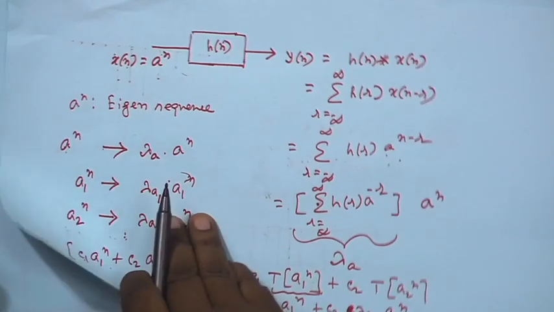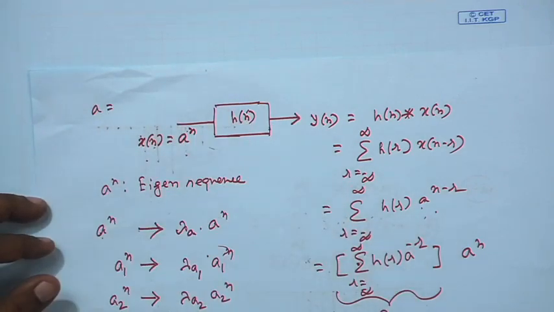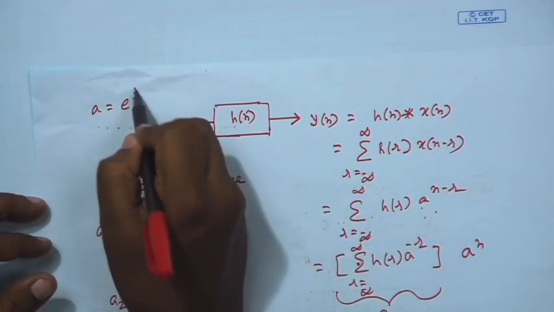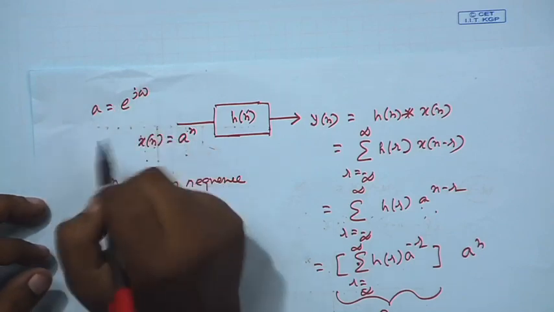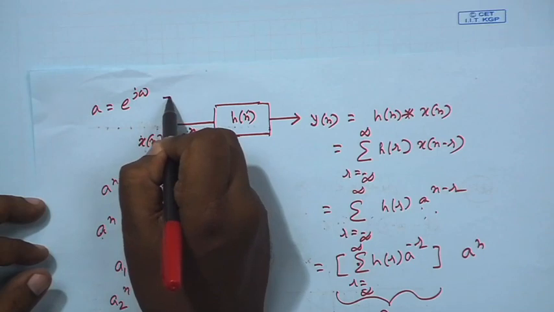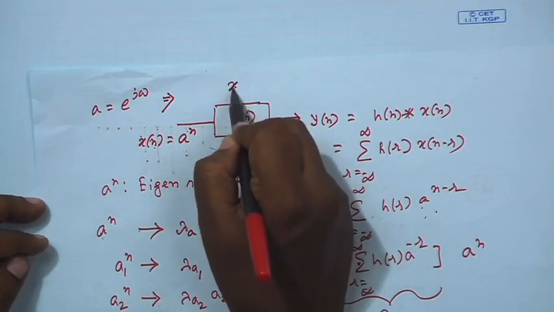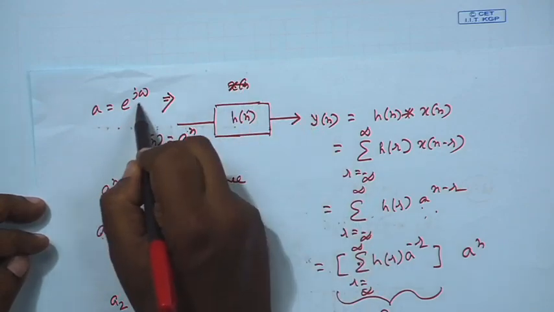We will show in the next class that if you take a as e to the power j omega, a complex number with magnitude 1, then it is possible for an arbitrary x[n].